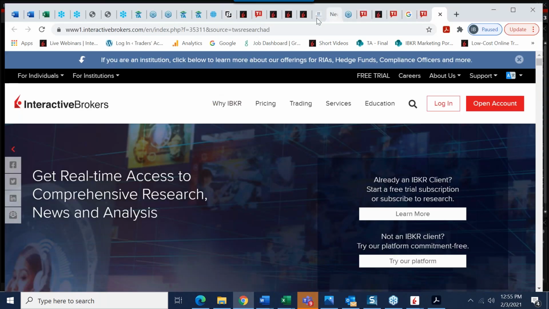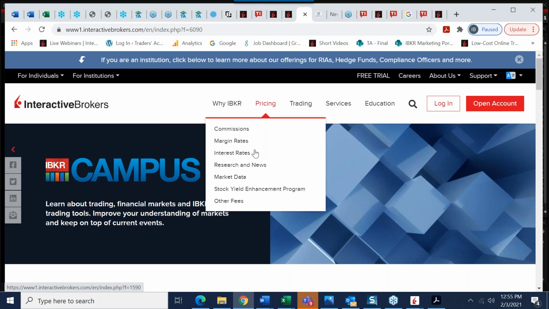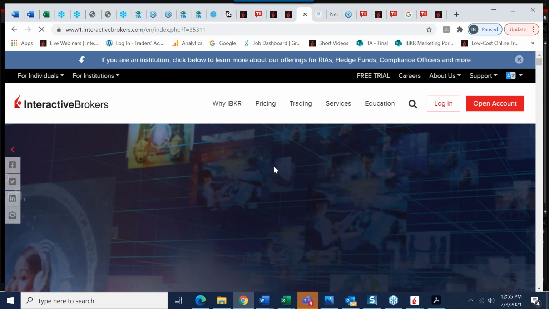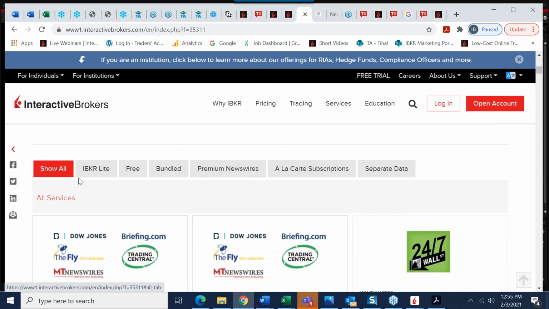If I'm on any page on Interactive Brokers, to learn a little bit more about fundamentalanalytics.com, have a look under Pricing, Research and News, and then scroll down. You'll see what's available under the different categories.